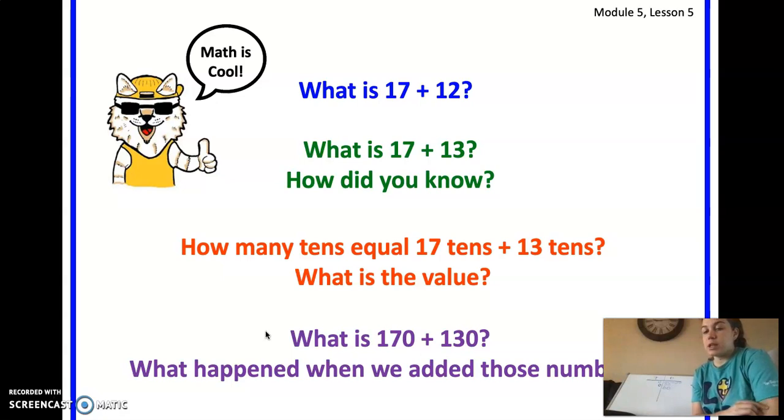And then they just changed it from tens into the actual number, from the math way into the normal way. So 170 plus 130 equals 300. If you needed to use your hundreds, tens and ones place value chart, that's okay. But that way you know that when you add those numbers, it's just exactly what we did above.